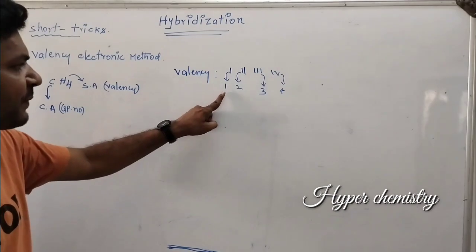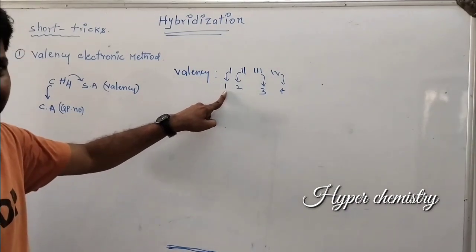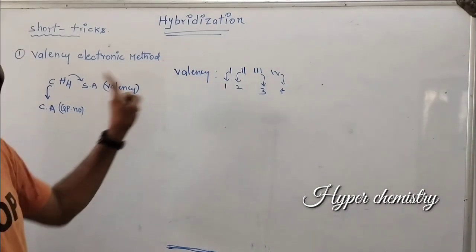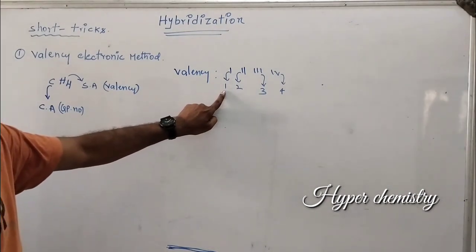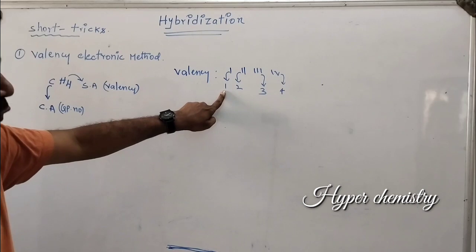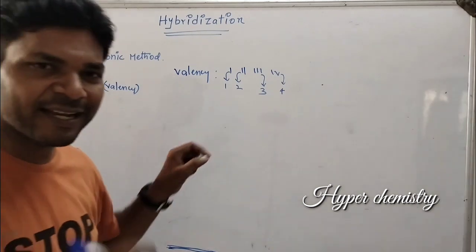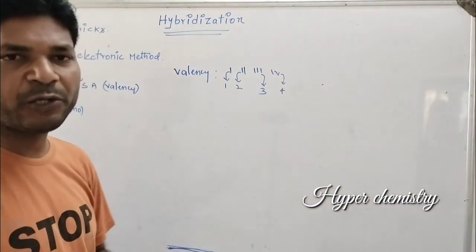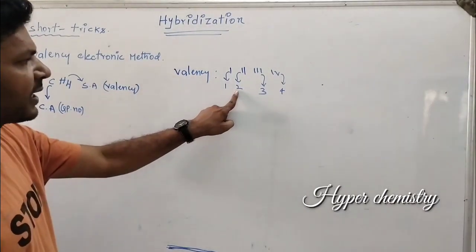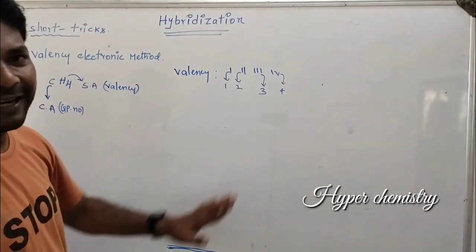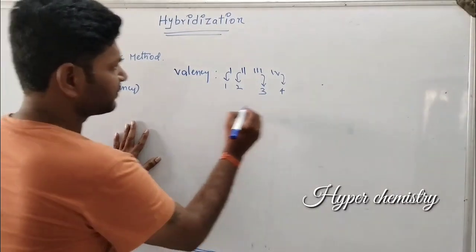So here the valency indicates the bonding capacity with the central atom. Valency 1 means monovalent, that respective atom is able to take one bond formation. So di, tri, tetra. Okay, next.